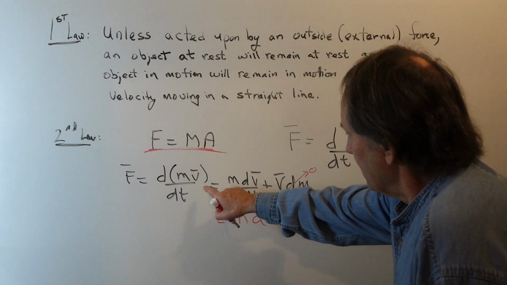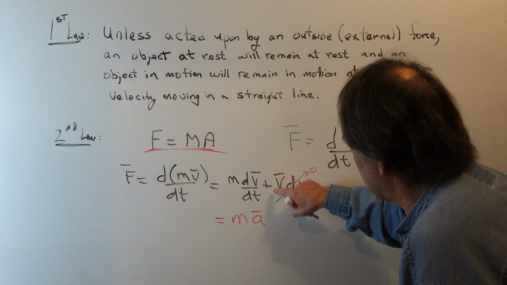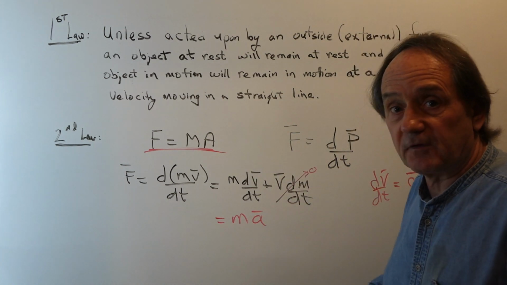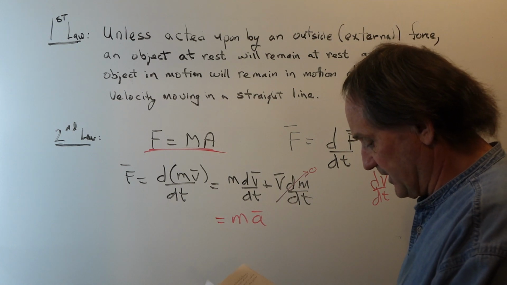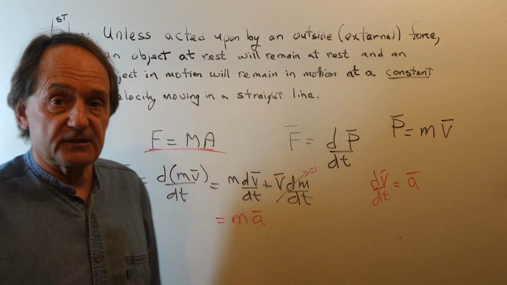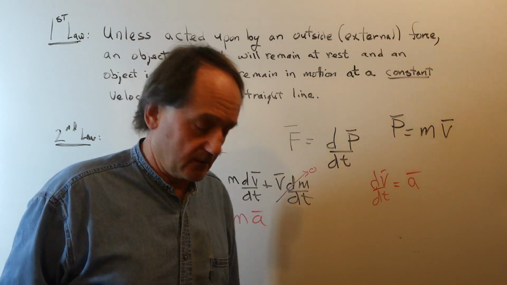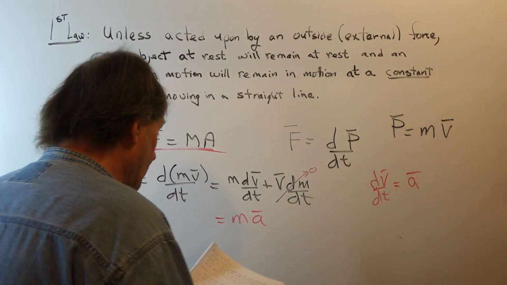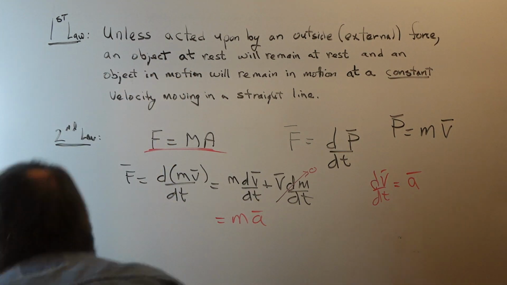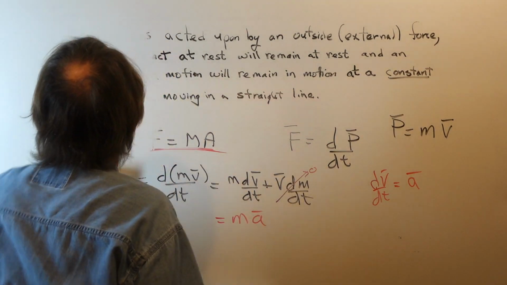But the more exact equation has a second term that we neglect because mass does not change with time in most of the situations that we deal with. However, we cannot neglect this second term in rocket science. You have to include it, because what happens when, say, we launch a rocket?